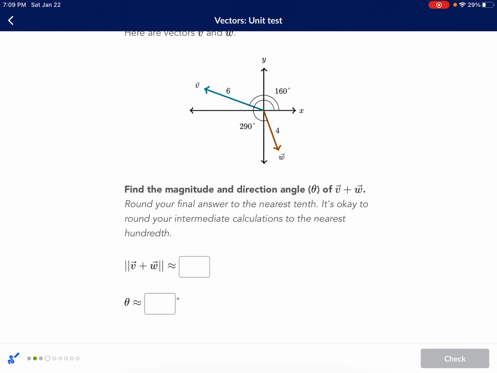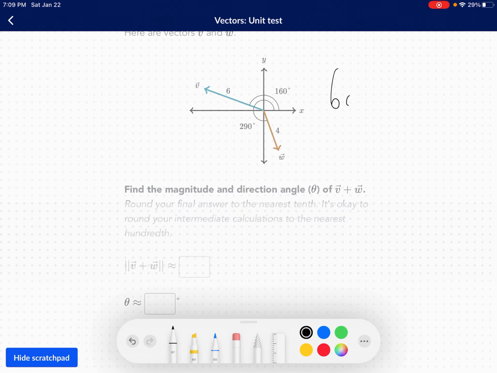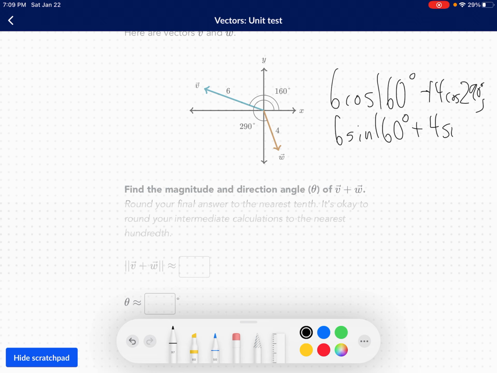The magnitude and direction angle. Okay, 6 cosine 160 degrees plus 4 cosine 290 degrees for the x component, and 6 sine 160 degrees plus 4 sine 290 degrees for the y component, just the component form.